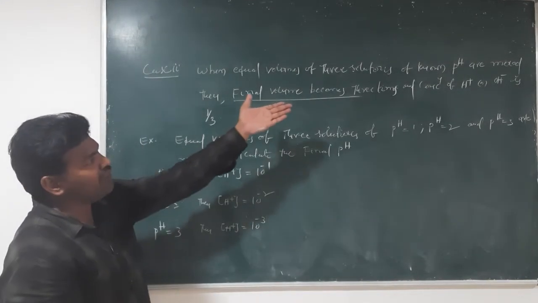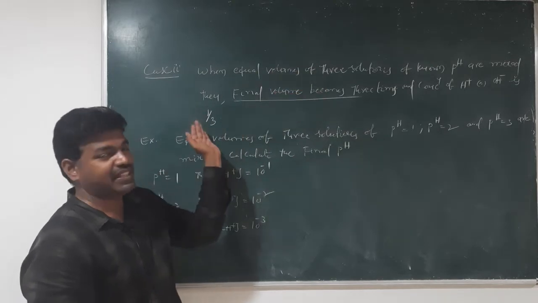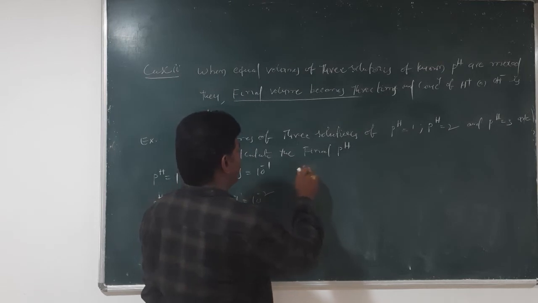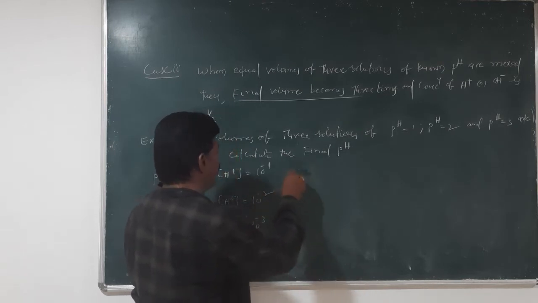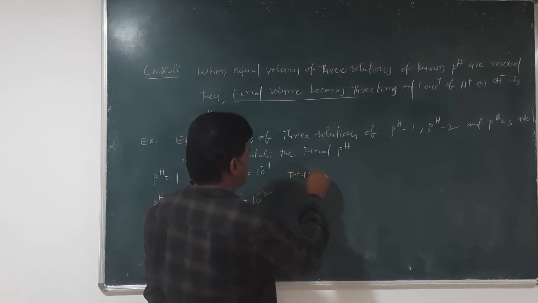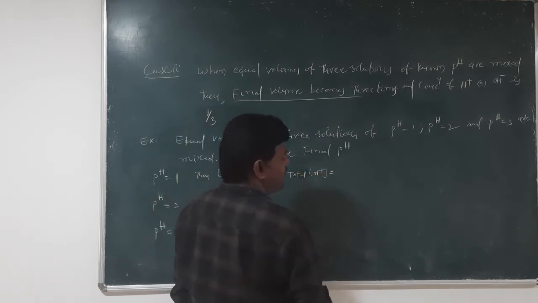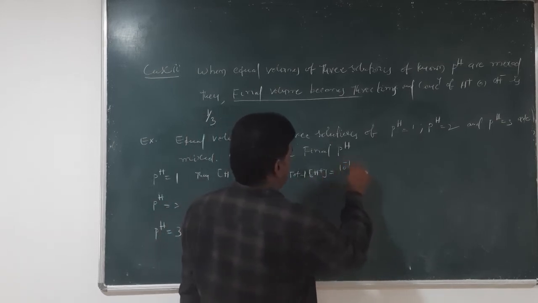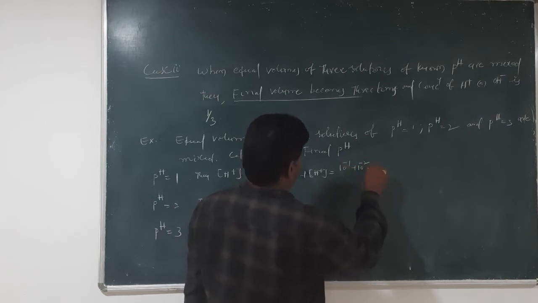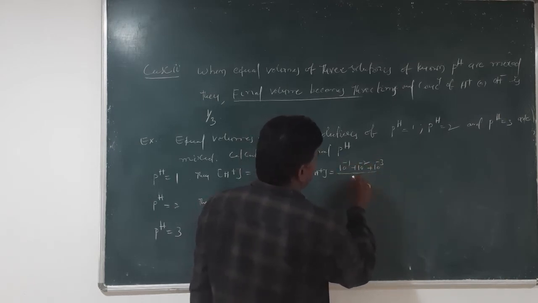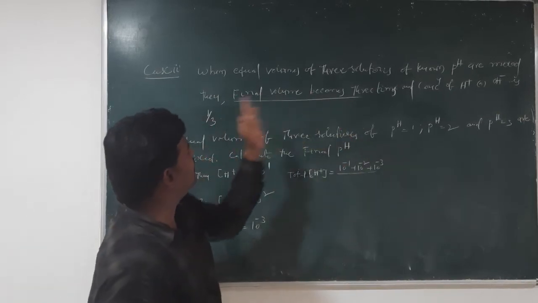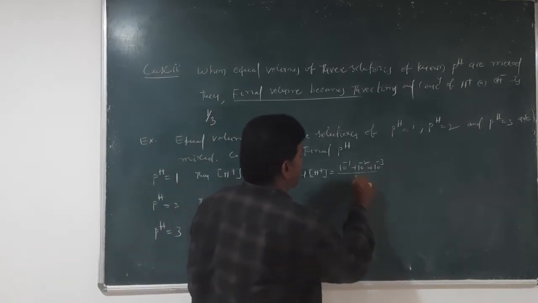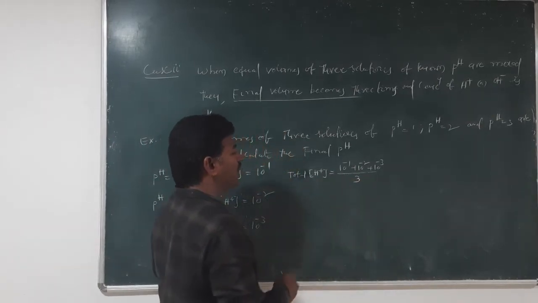Okay, and what we know, the concentration of H plus or OH minus ion is 1/3. So for the final pH, the total concentration of H plus ions is 10 power minus 1 plus 10 power minus 2 plus 10 power minus 3, divided by 3.